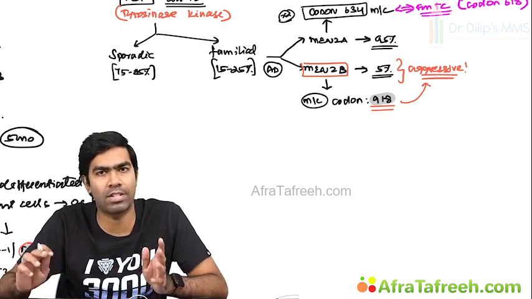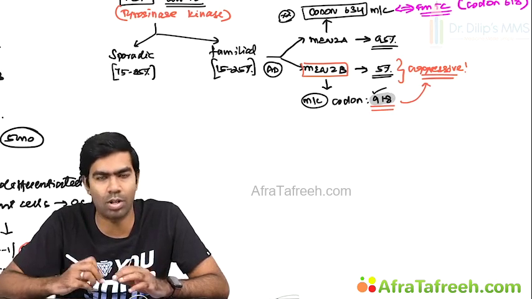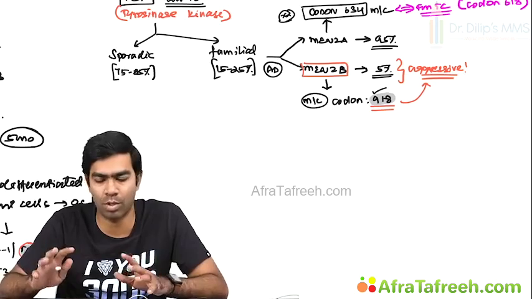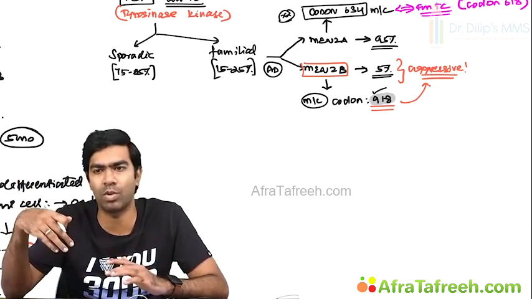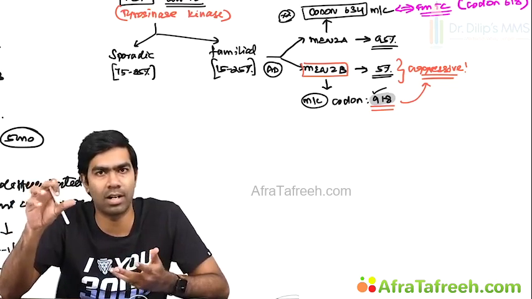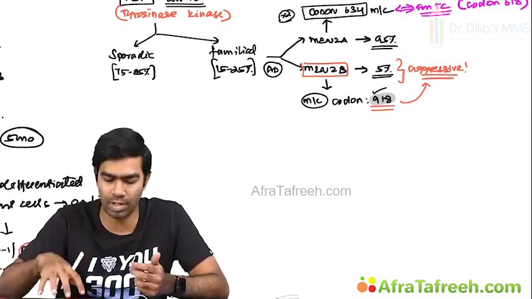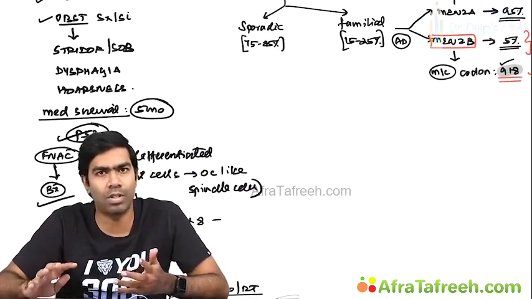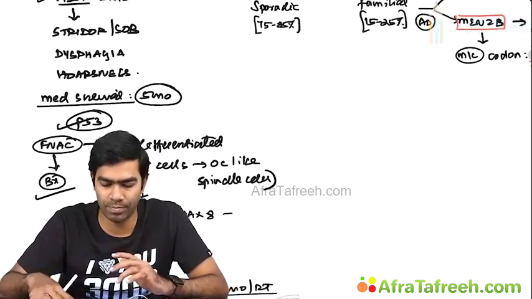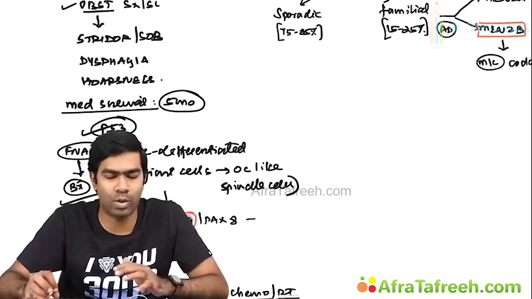At the same time, extremely aggressive MTC is associated with these codon 918 mutations. That's why these mutations are very, very important. Even though we divide the disease into MEN2A and MEN2B, actually the underlying thing that drives the nature of these cancers is the underlying mutation that you see. Fine. So these are some of the important things that you have to know about the classification of medullary thyroid cancer. And obviously, how they're going to present.